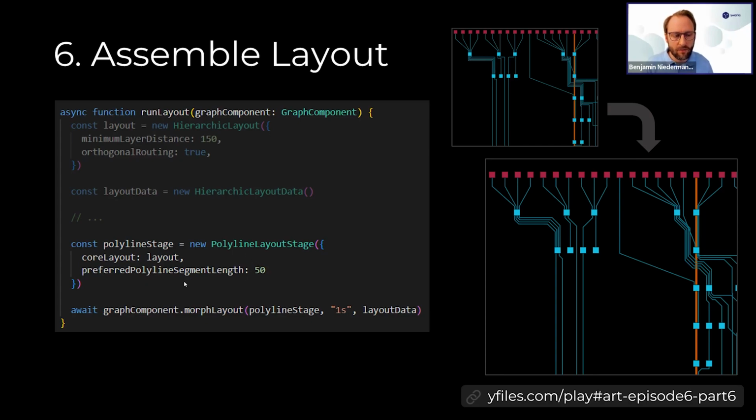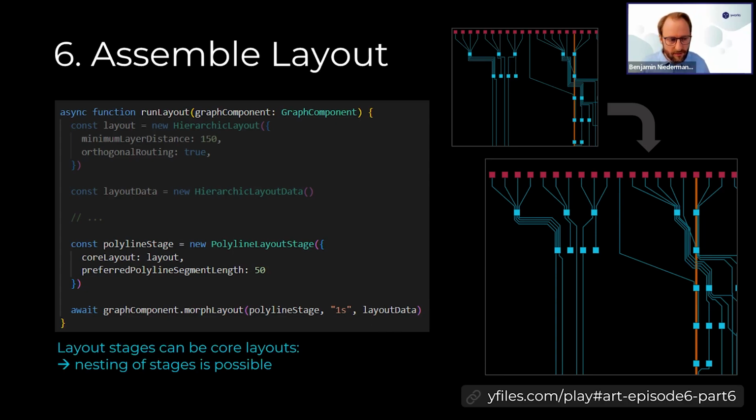And then we can also configure this stage. We could also use a layout data again for these stages, and then we call the graph component using the stage. And if we configure these layout data, for example for the polyline layout stage, we could combine them with the layout data of the core layout.